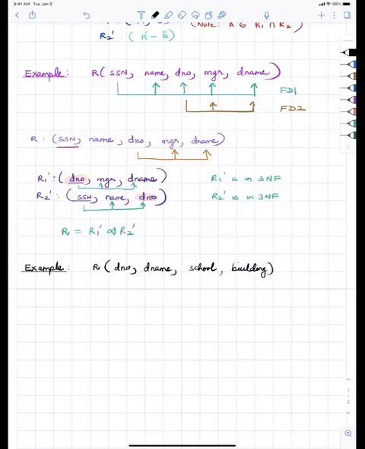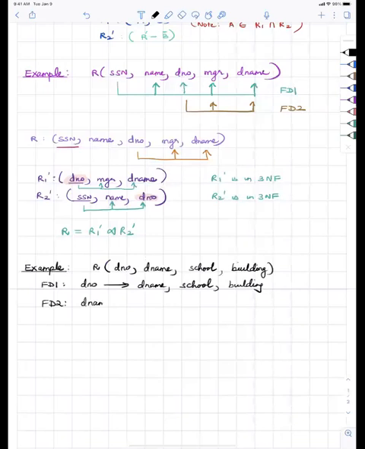I'm going to use this example since you're sort of familiar with it. Then we are given three functional dependencies. We are given FD1, which says D number determines D name, school, and building, which means that D number is a key because it determines all the other attributes.